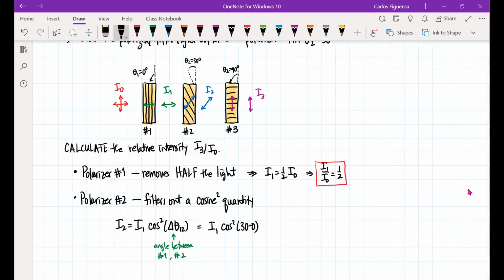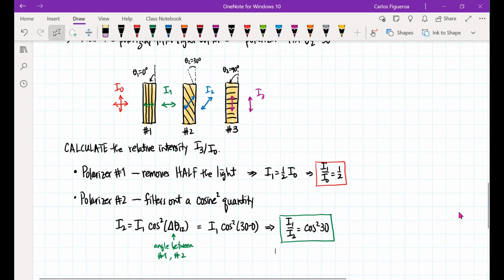So the relative intensity I2 over I1 should then be cosine squared of 30 between filters 1 and 2.